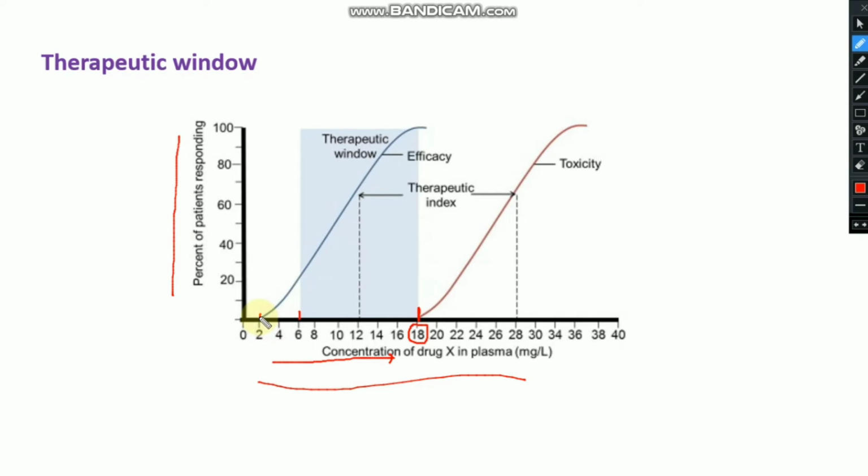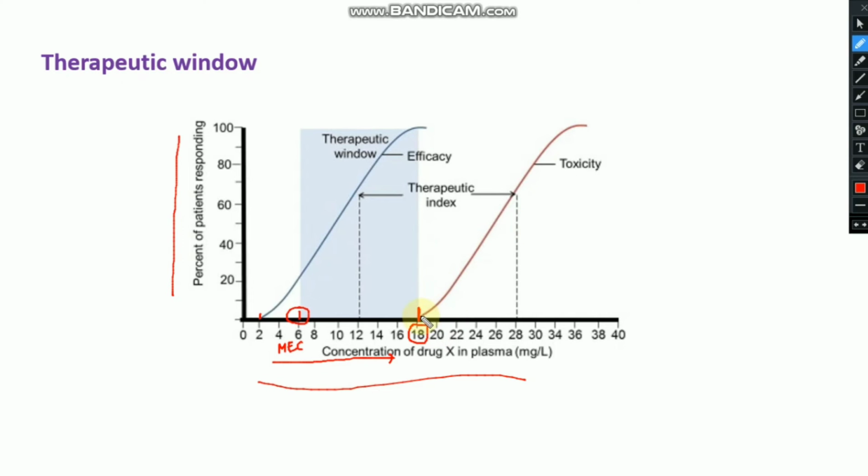When you increase the concentration and it reaches around 6, then the therapeutic response starts. This is the minimum effective concentration, or MEC, which is 6 mg per ml. From here, the therapeutic response increases as you increase the concentration.